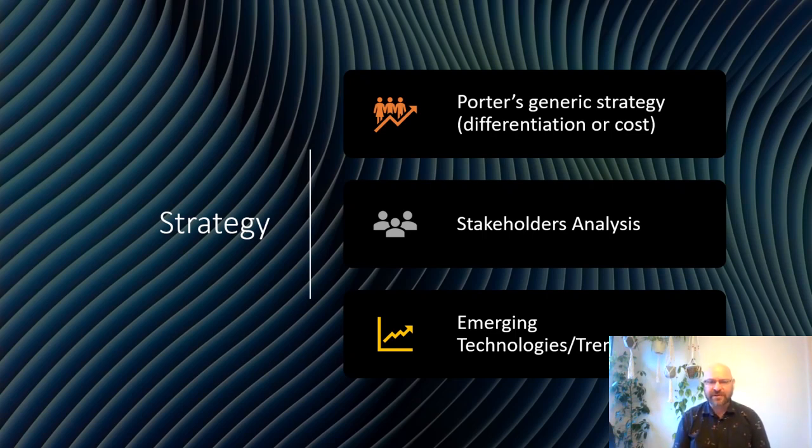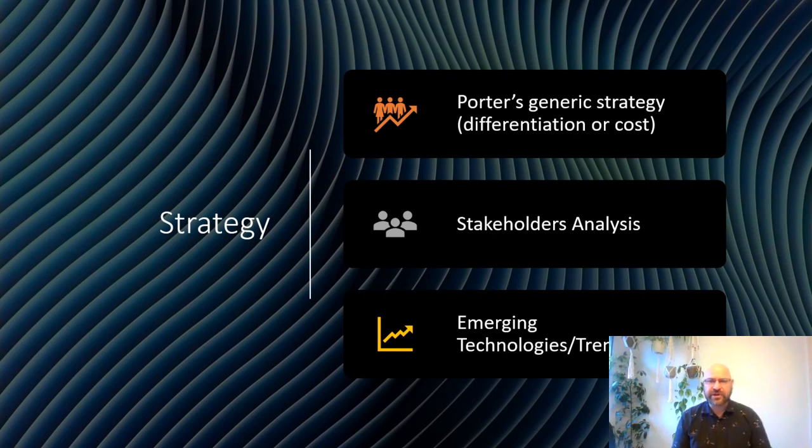I will explain them as I go through these. But we're going to be using two different business theories. The first one is by a guy called Michael Porter. And he came up with what's called generic strategies or competitive advantage. And what he really thinks about here, or what he offers us to think about, is differentiation and or cost. And I'll explain that a little bit later.